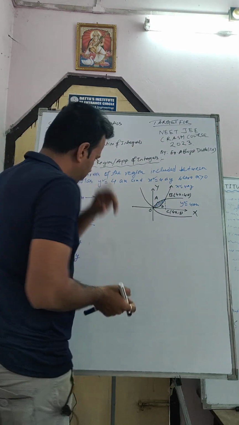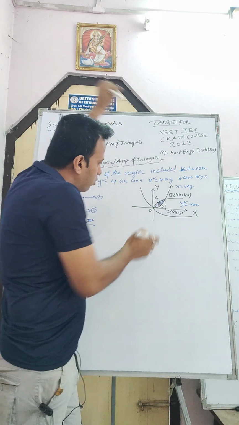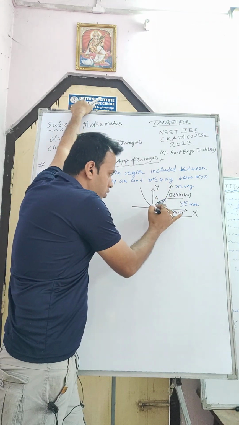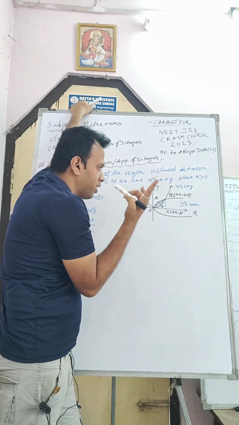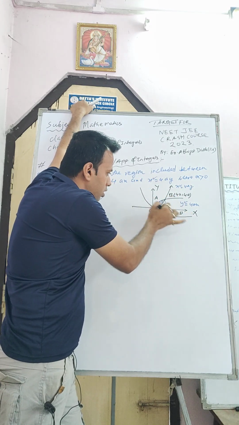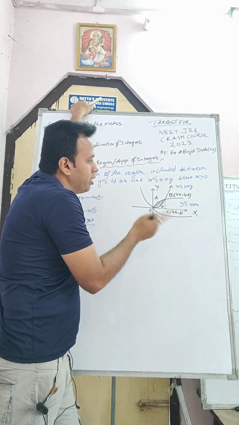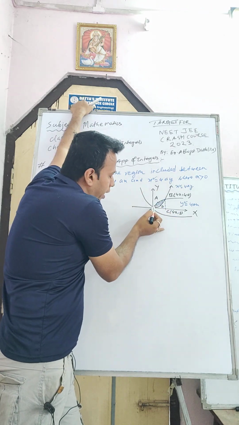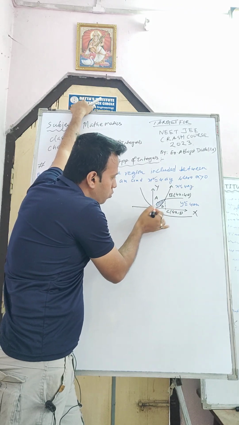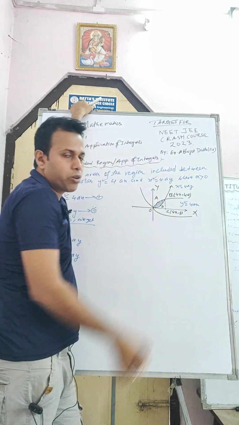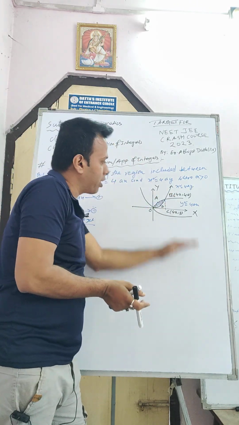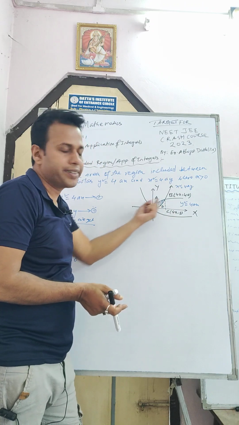So now to find out this shaded area, we have to first find out the whole area, area of region O, A, B, C, O. Okay, after that we will find the area bounded by this curve, that is the region O, D, B, C, O. Okay, after that I subtract this part and we will get this shaded area.